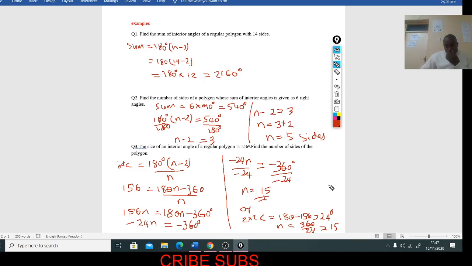So that is how you calculate the number of sides. You could either use the formula I gave you directly, or you could think of 180 minus 156, because we know interior angle plus exterior angle equals 180 degrees.